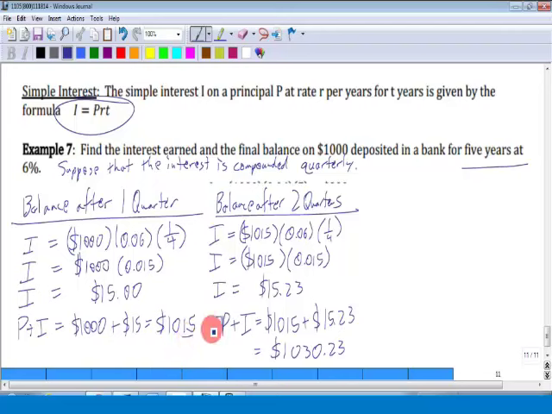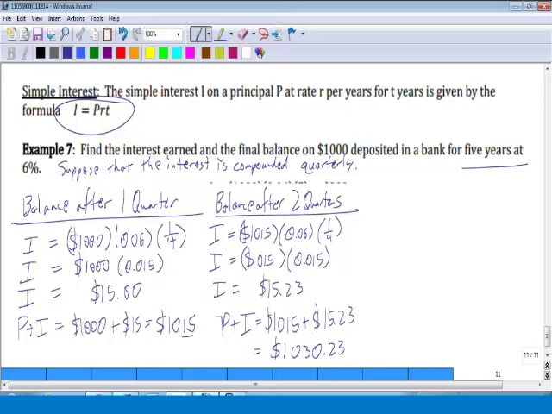Right, the balance is different. The original $1,000 earned another $15, but the $15 interest that we earned during the first quarter earned the 23 cents, or the 22.5 cents or whatever it was. So that's why it's a little bit different.